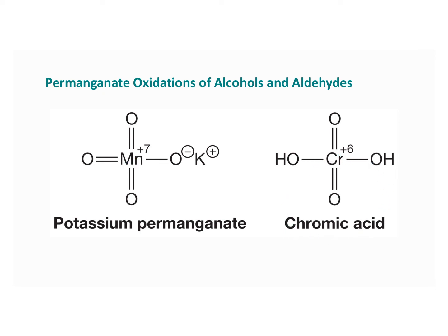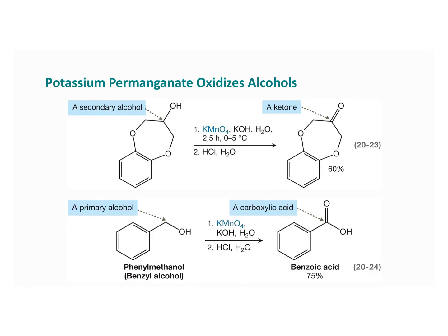In both compounds, you have a central metal atom that's bonded to 4 oxygen atoms. And so this gives the metal a high positive oxidation state. Manganese, for example, has +7, and the chromium in the chromic acid has +6. So, like chromic acid, potassium permanganate can be used to oxidize alcohols. We've got some examples shown here in 2023 and 2024.